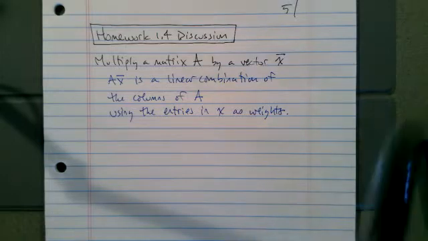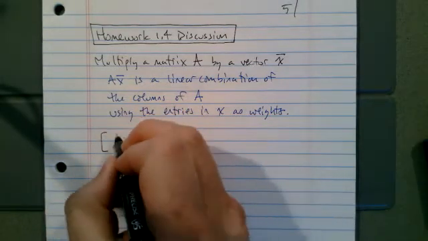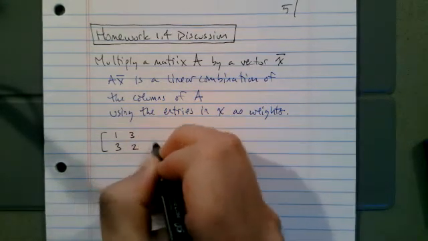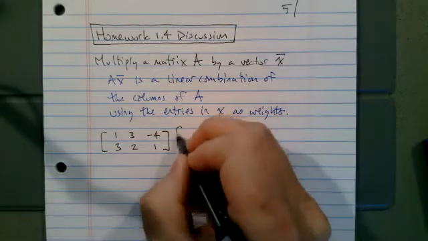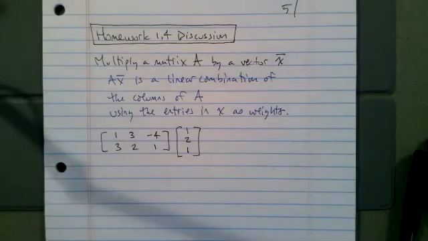So for example, if I have the matrix A, by columns, 1, 3, then 3, 2, and negative 4, 1, and I want to multiply this by the vector X, 1, 2, negative 1. The matrix A is 2 by 3.